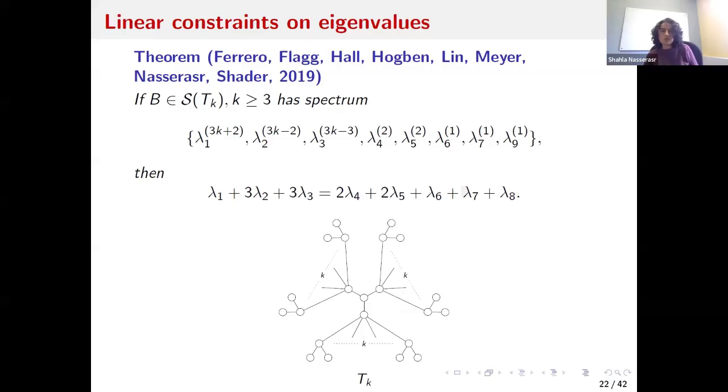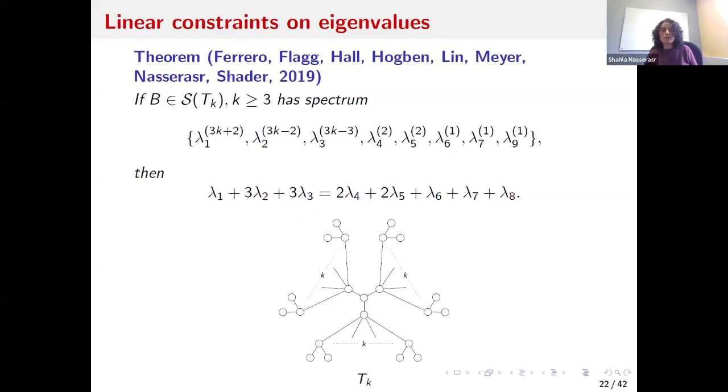So what we showed in that paper is that if we take a matrix for this graph, which has this spectrum, λ1 with multiplicity 3k+2, λ2 with multiplicity 3k-2, and so on, then the eigenvalues have no choice but to satisfy this linear equation.